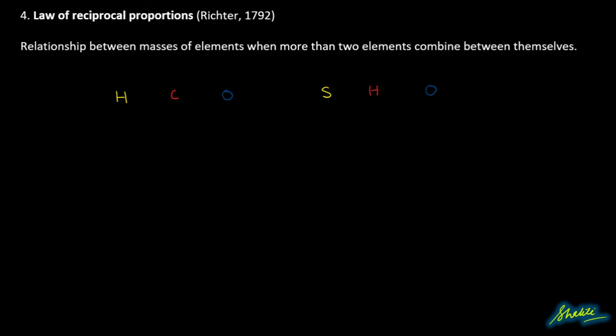Now let's talk about the law of reciprocal proportions. It was given by Richter in 1792. This law gives the relationship between masses of elements when more than two elements combine between themselves.